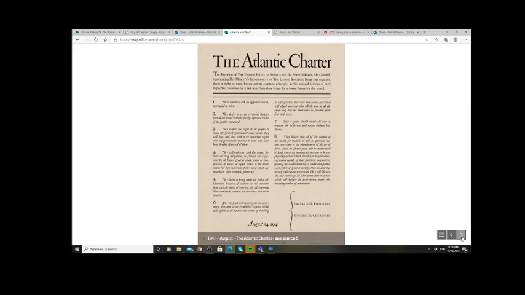So, peace was a big element of the Atlantic Charter, a particular type of peace, not a peace that was purely for the victors. Things don't work out that way because, as you know, or you might not know, Roosevelt dies right at the end of World War II, and then a new administration comes into power and pushes America in a different direction, but we'll study that in the future when we look at the Cold War.